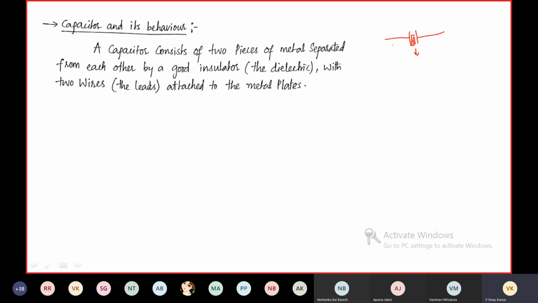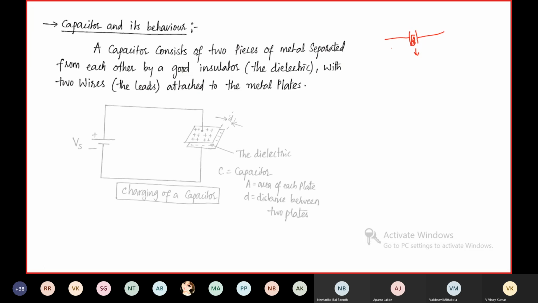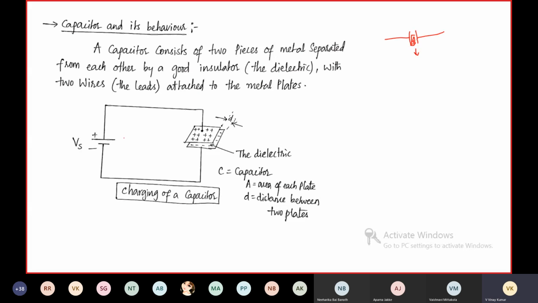Here Vs is the applied voltage across the capacitor. Physically, two conducting plates are separated by an insulating medium, which is present between these two plates.